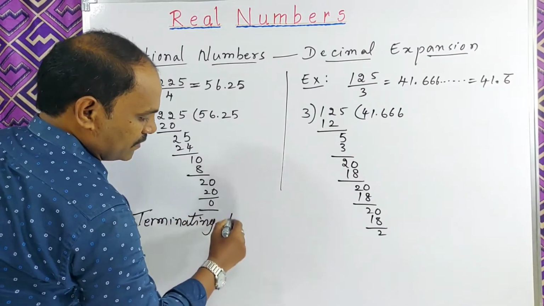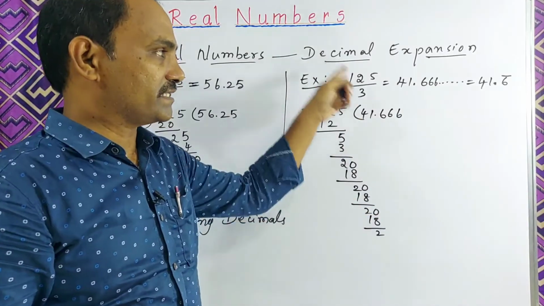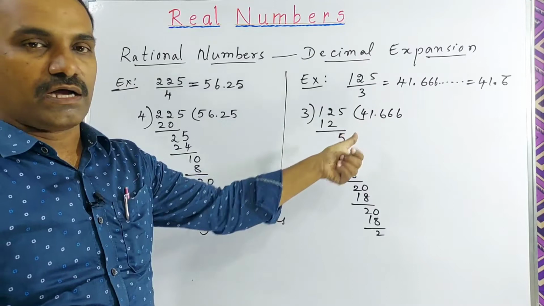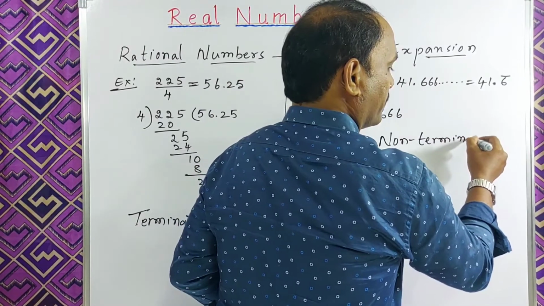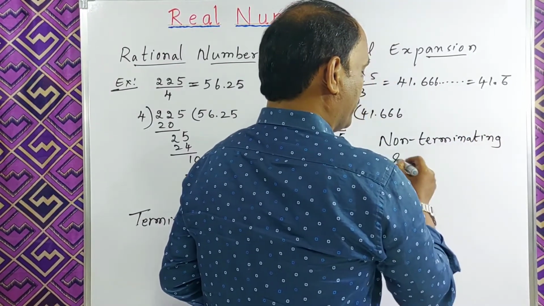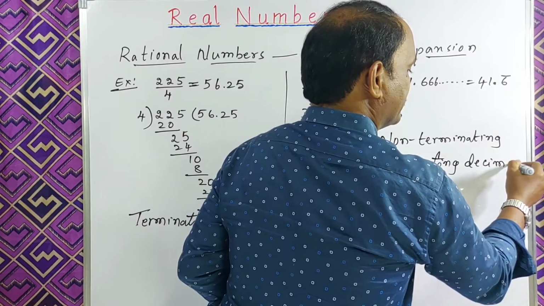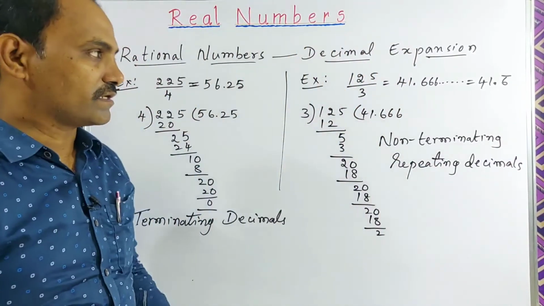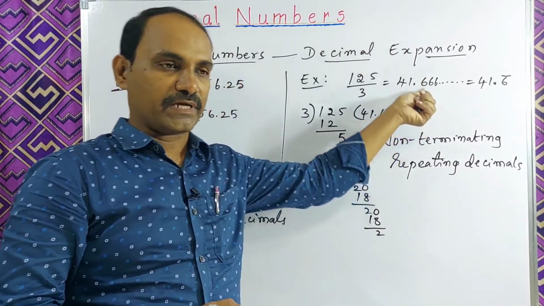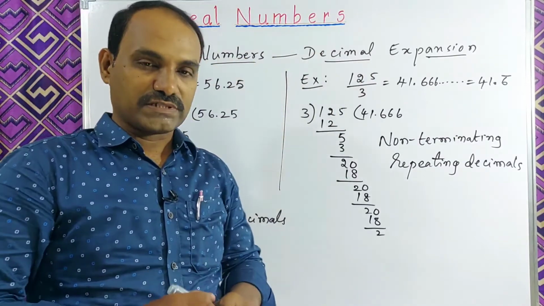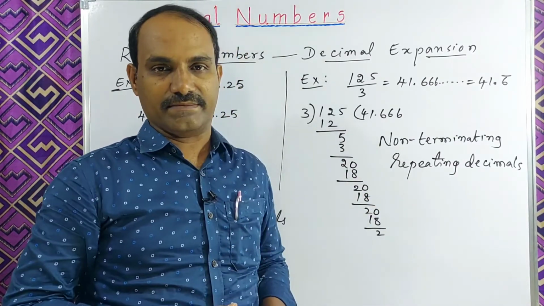The other type, where the decimal expansion of a rational number does not end, is called non-terminating, repeating decimals. So the decimal expansion of rational numbers is of two types: terminating decimals or non-terminating repeating decimals.